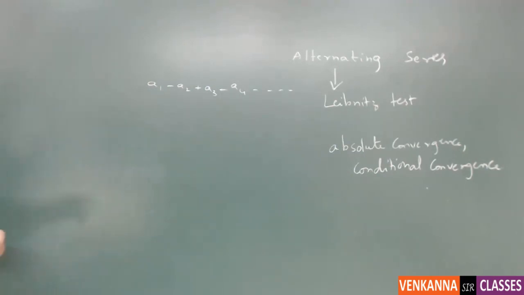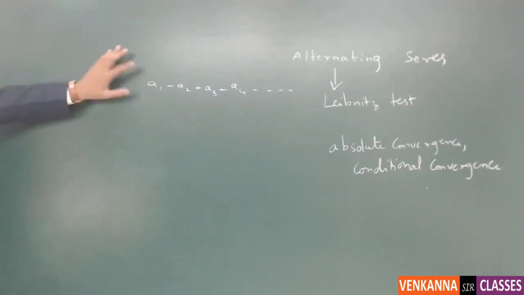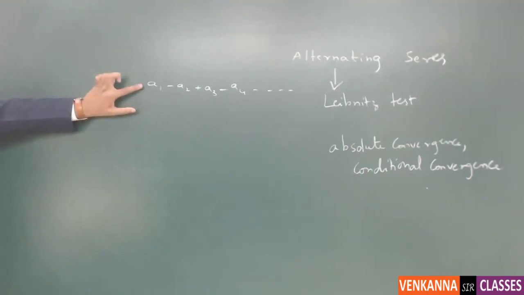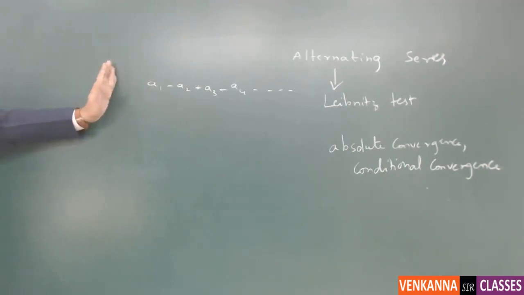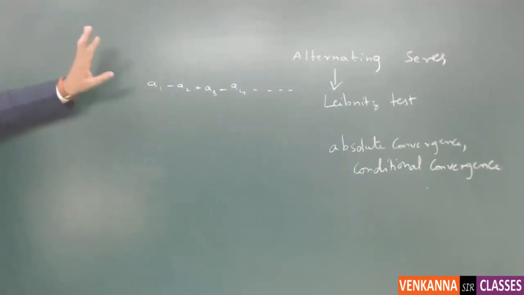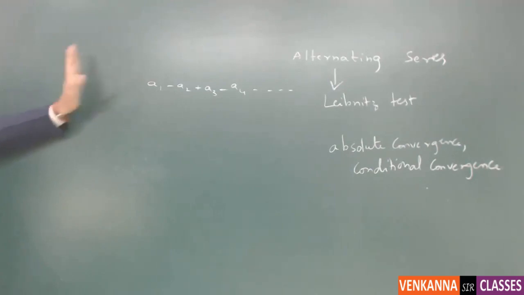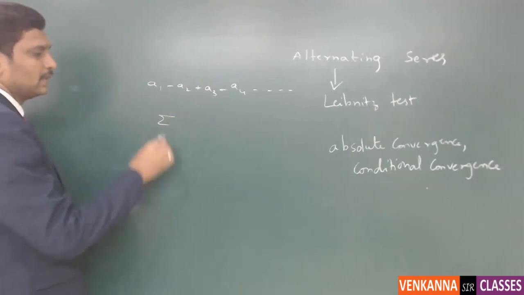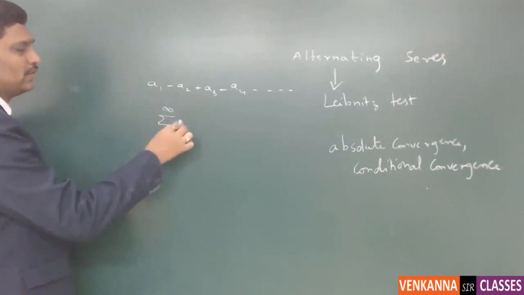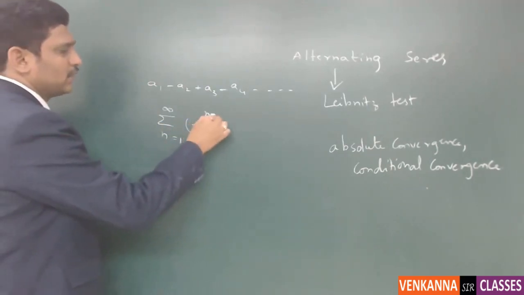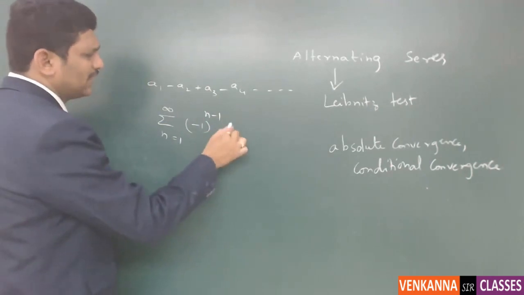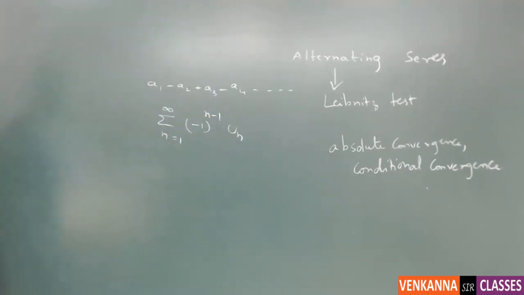Coming to alternating series, whenever you have written a series of this form, we call it an alternating series, whose terms are coming with alternating signs, and you are checking its convergence, taking the sum of all these terms. Summation n equal to 1 to infinity minus 1 whole power n minus 1 un, or an, whatever the series is.